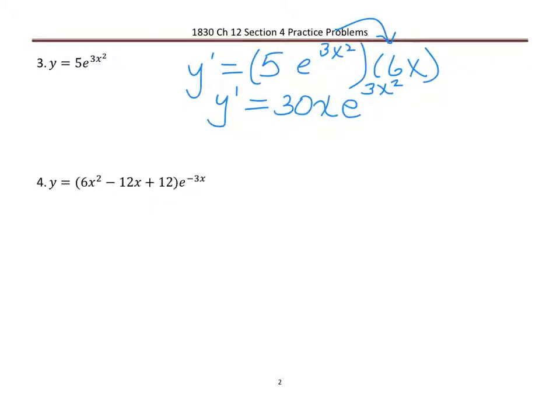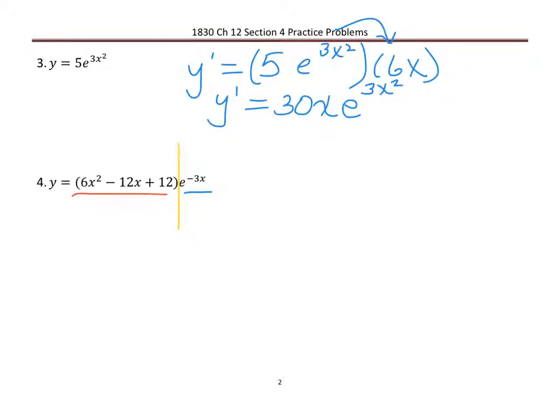And in problem number 4, we actually do have something different, because this, in fact, now is a product rule problem. It is the product of the first function times the exponential function. So we have to take the derivatives of both of those functions.